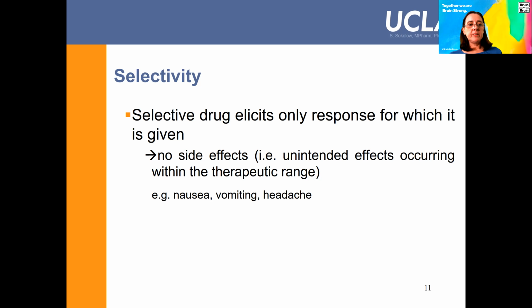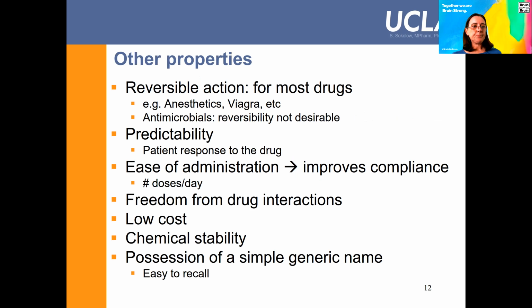Again, the severity depends on the drug and the dose. And so here are examples of side effects that are not really specific, like nausea, vomiting, headache, that you can see with some drugs, that are not necessarily related to the mechanism of action of the drug, and that can occur even within the therapeutic range.